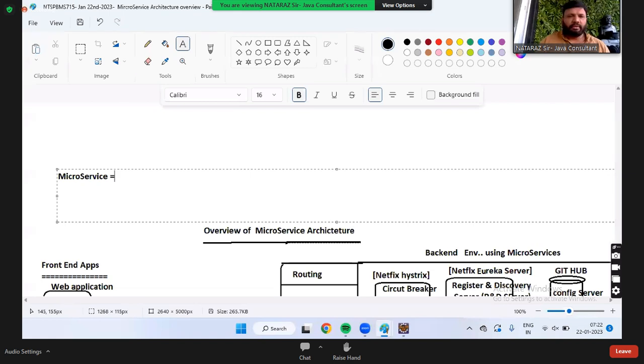Microservice is all about, tell me, it's a combination of what, guys? Microservices application is all about working with RESTful web services.